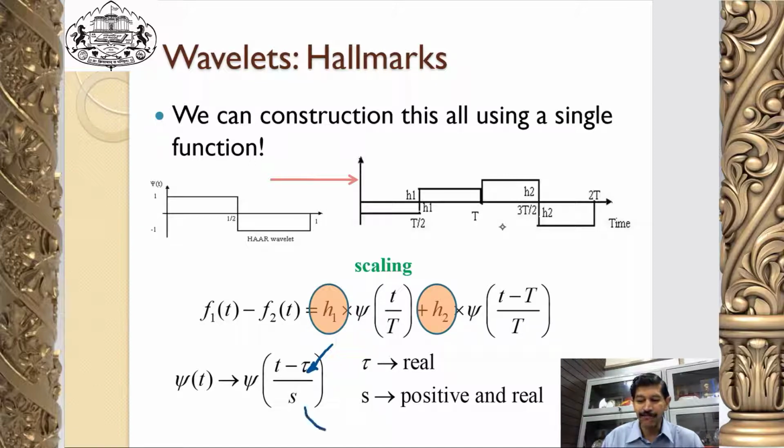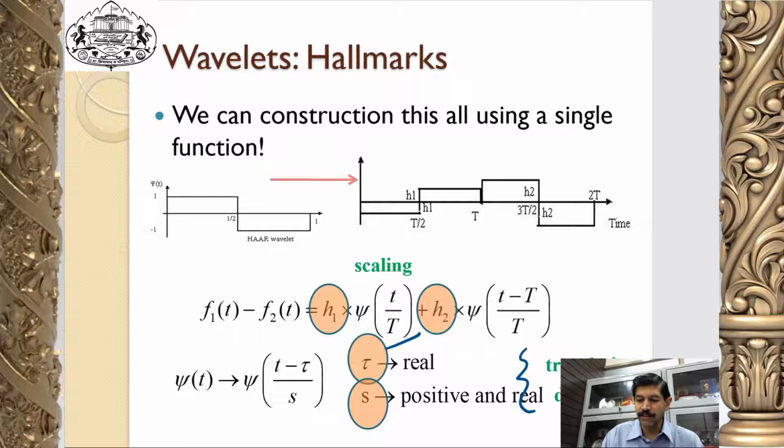And now comes the important parameter. This S is the parameter which is responsible for letting our kernels dilate, either expand or squeeze. So these two operations are what are popularly known as translation and dilation.